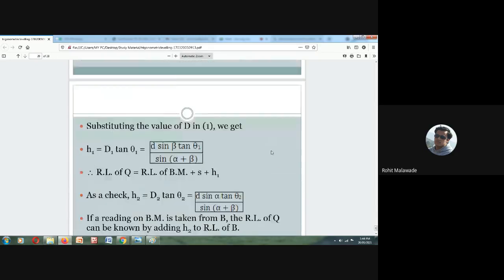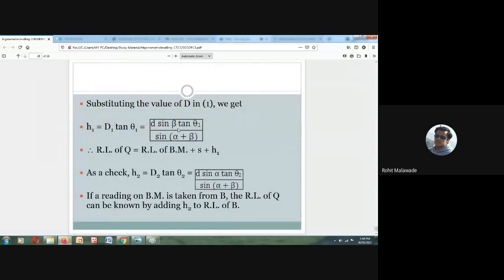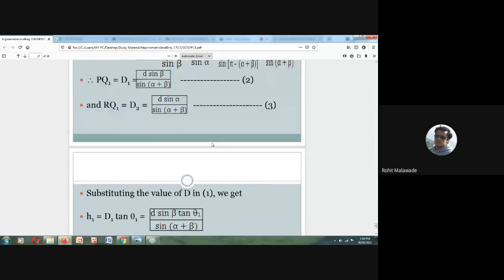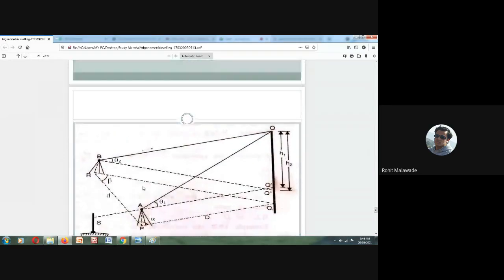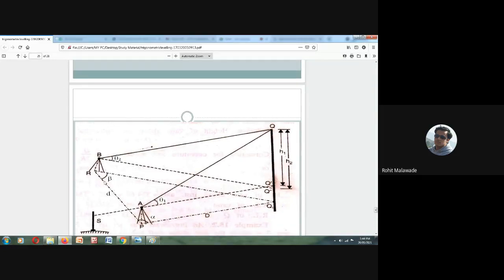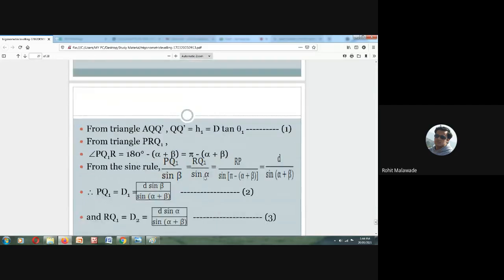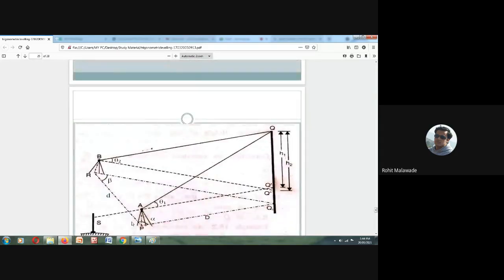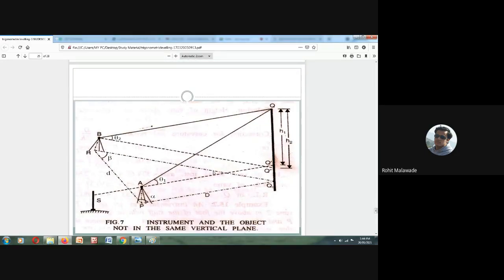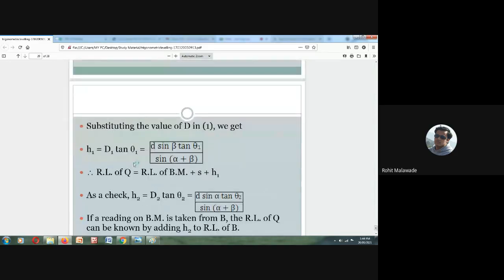So H1, how are we going to determine it? It is D sine beta, which involves the horizontal angle, and then we will be using tan theta 1, the vertical angle. If we want to determine H1, we will be using the formula D tan theta 1.